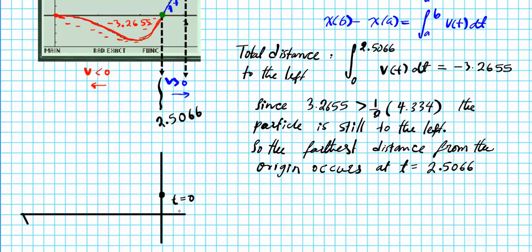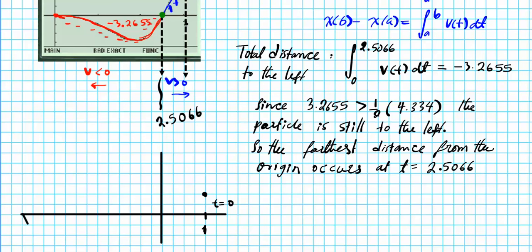Oh sorry, I take that back. At t equals 0, it was actually to the right of the origin. It was 1 unit to the right.